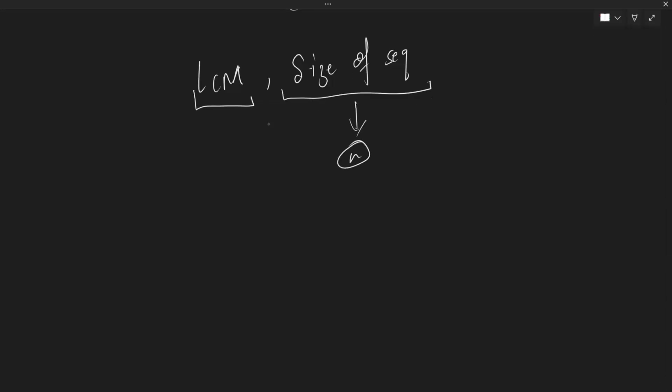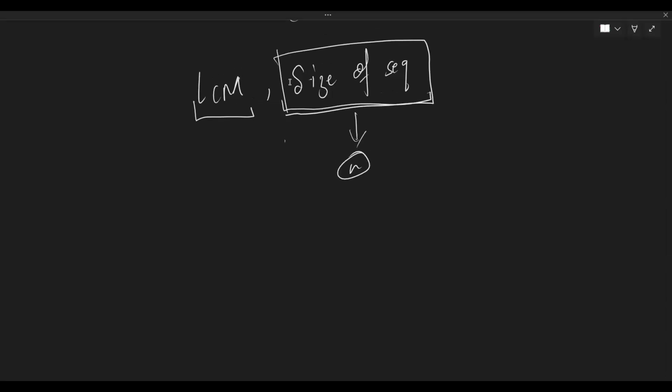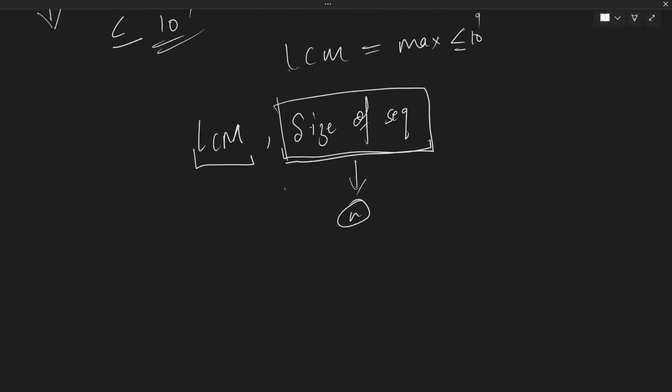So now let's try to look for this. There can be at max n sequence sizes, right? So I just need to map these two things.